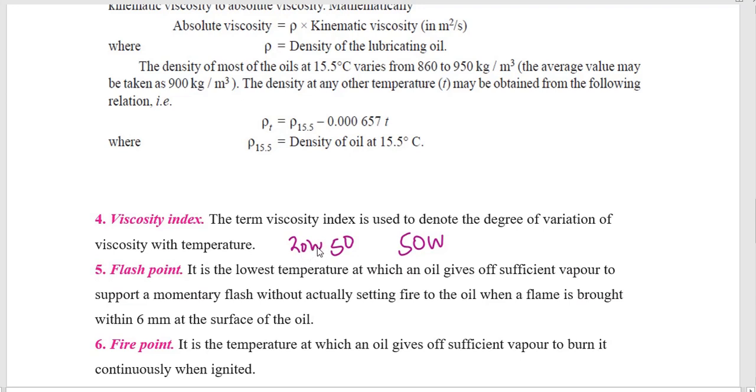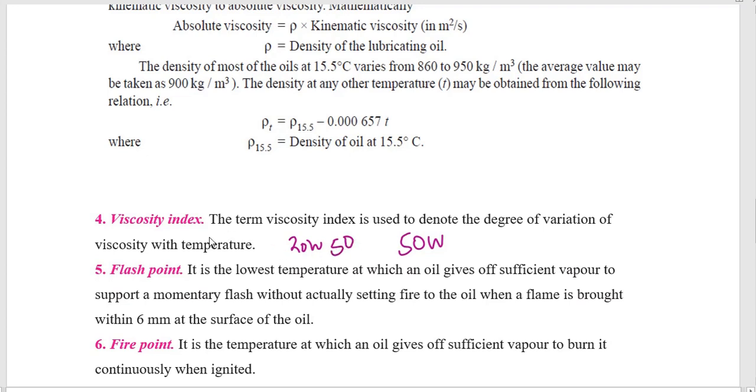This W sometimes one can call winter, but it is basically for cold starting of the engine at low temperatures. The 50 is the viscosity of the oil at higher temperatures.